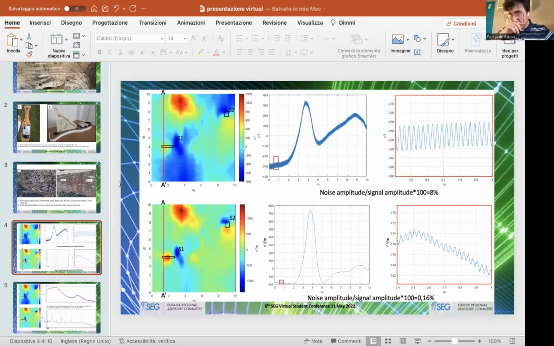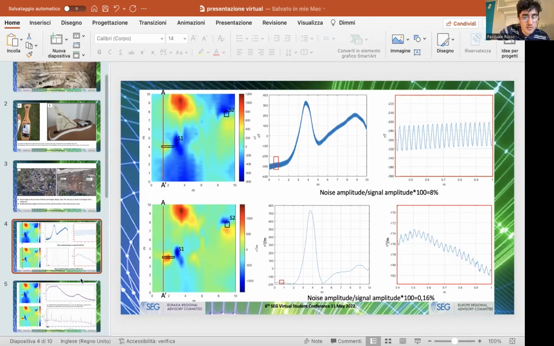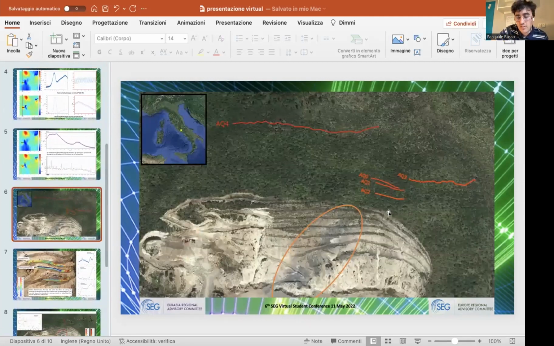Of course. We also have a comment. I don't know if it's a question or not, but someone is saying that the method is also useful for fault detection. Yeah. In fact, when I started this work, my intention was to find a great fault present here above the quarry steps, but it was so difficult to go in this area because it was so dangerous walking there.